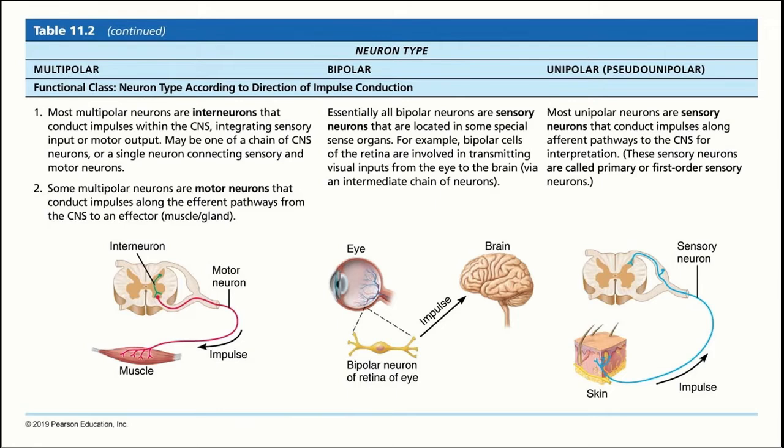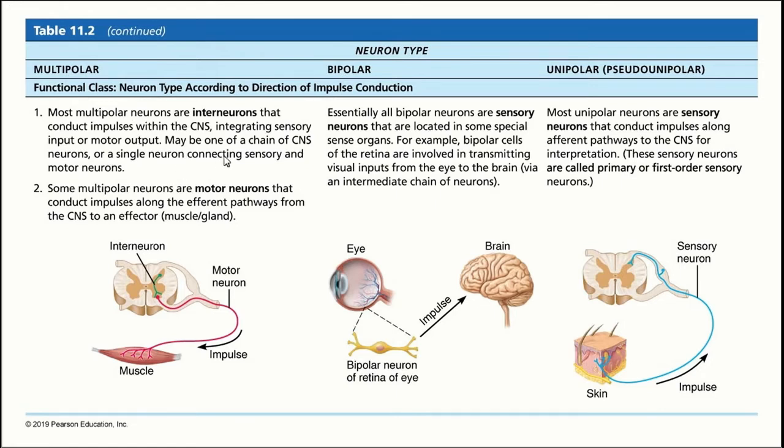And so these interneurons serve in the interpretation and the processing of that sensory information. Those interneurons typically communicate with motor neurons so that those motor neurons can then issue the commands to muscles or glands that will change what the body is doing in response to that particular stimulus.